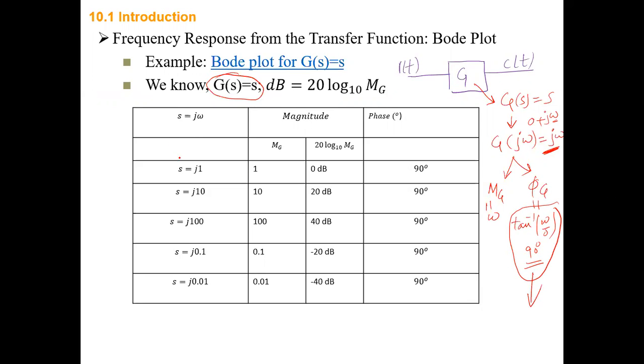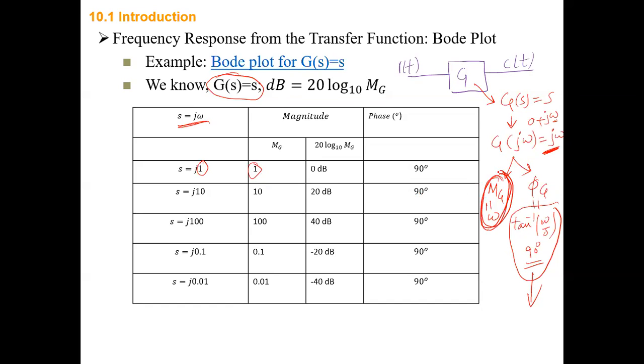I take different values of omega now, because Mg is omega, right? So I take omega equals 1 here. When omega equals 1, what is your Mg? Mg is also 1, because they are equal.